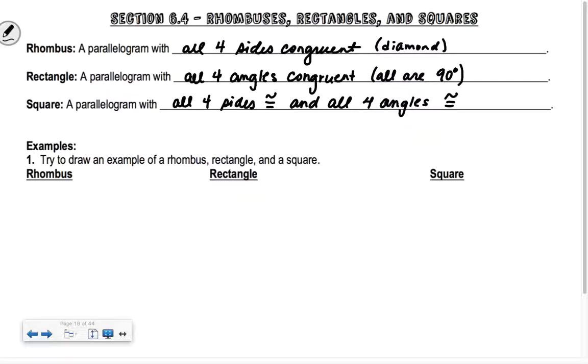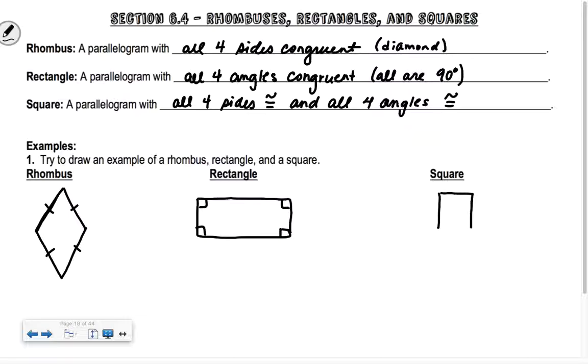All right, so it says try to draw an example of a rhombus, a rectangle, and a square. So a rhombus is going to be something like this, where all four of these sides are the same. A rectangle is going to be something like this, where all four of these angles are the same.